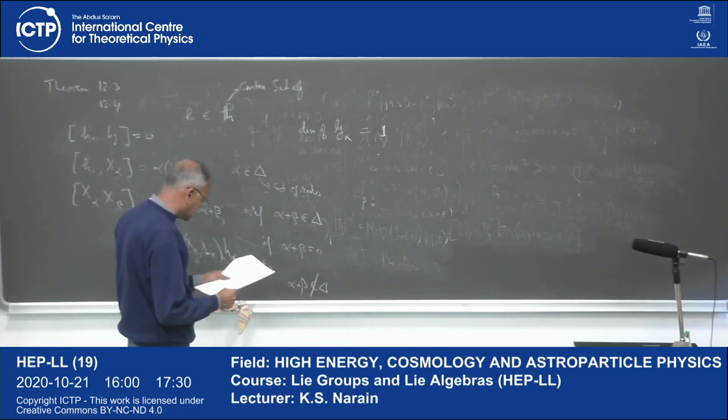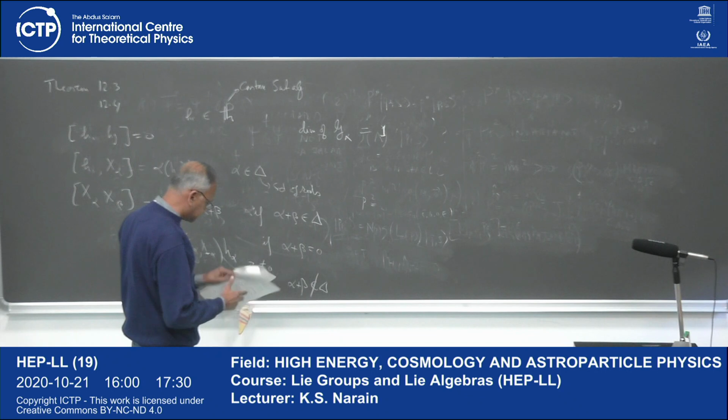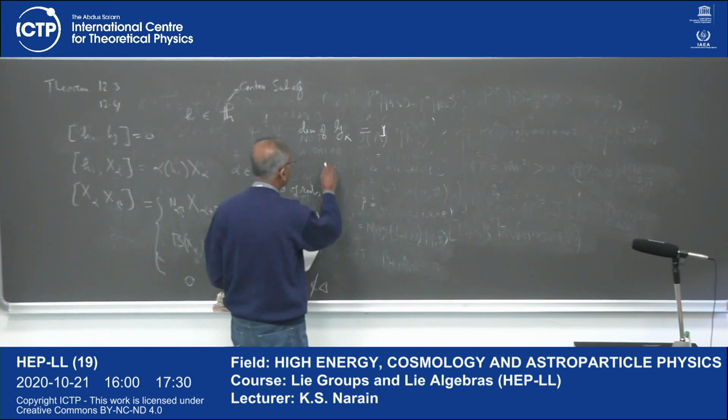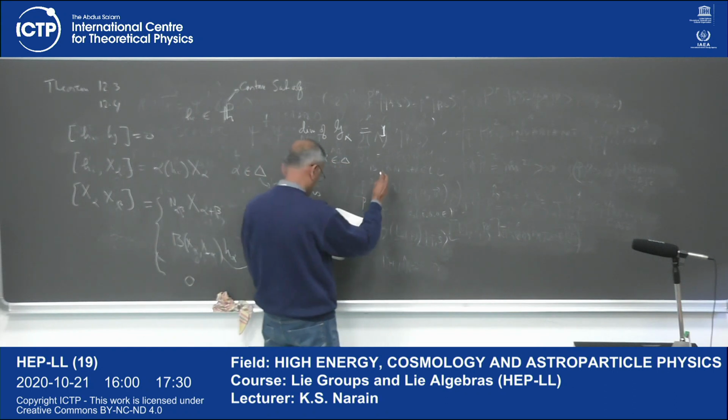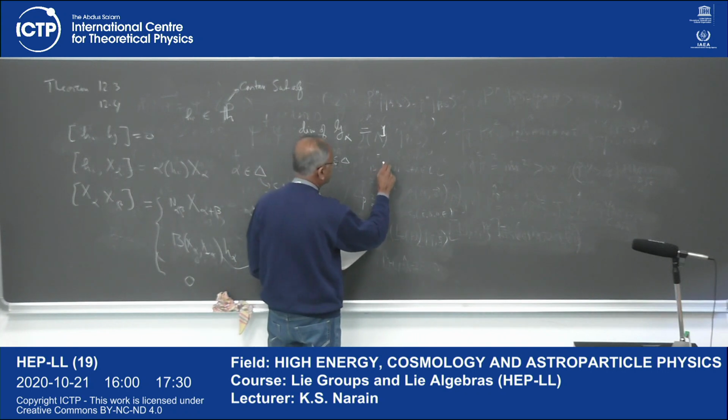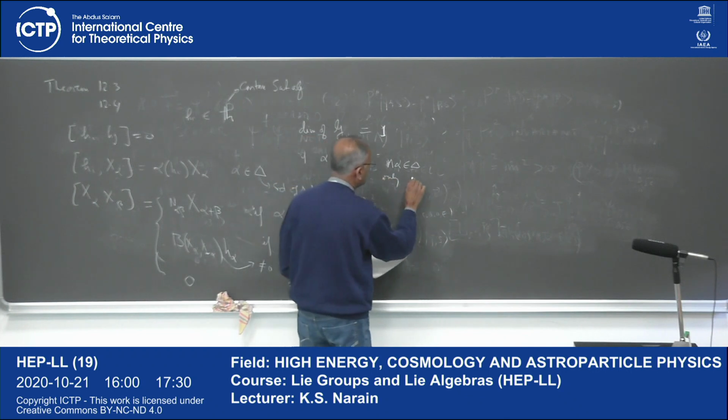And also we had the statement that if alpha belongs to delta, then n alpha belongs to delta only for n an integer, only for n equal to 0 or plus minus 1.